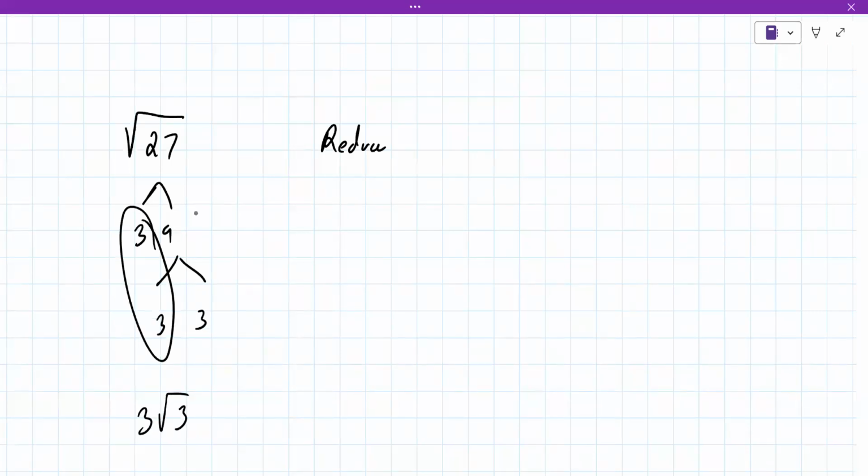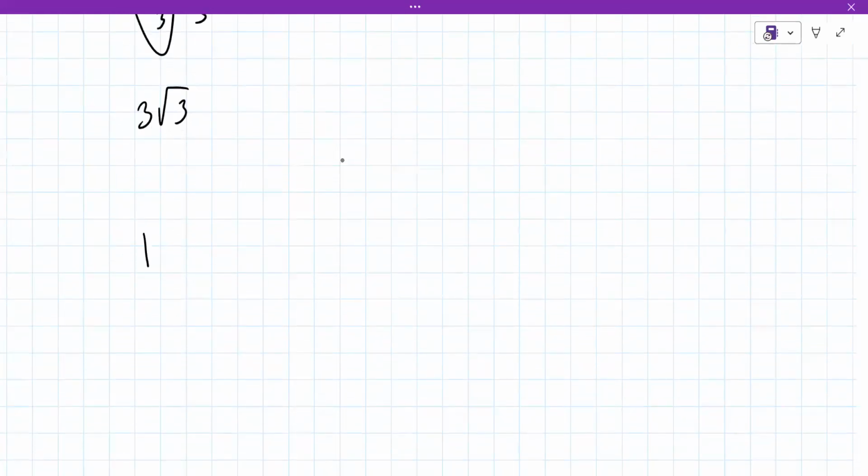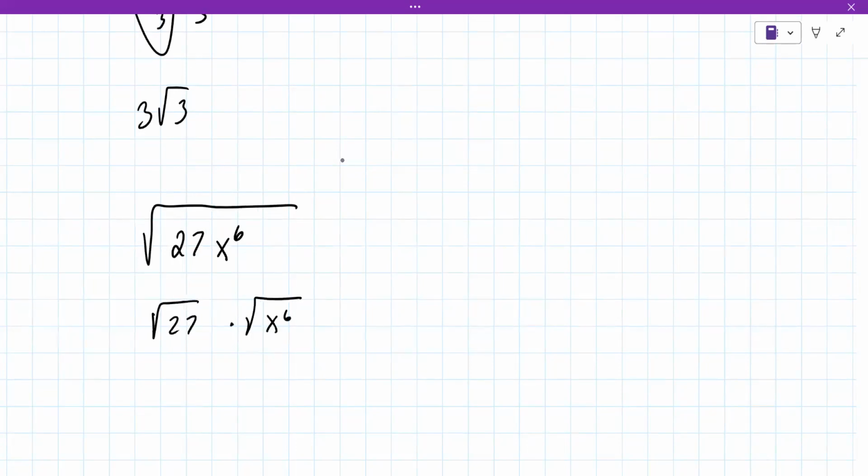Okay. So now the real problem we're gonna do here is the square root of 27 x to the 6th. So this is really the square root of 27 times the square root of x to the 6th. And you just did the part on the left.